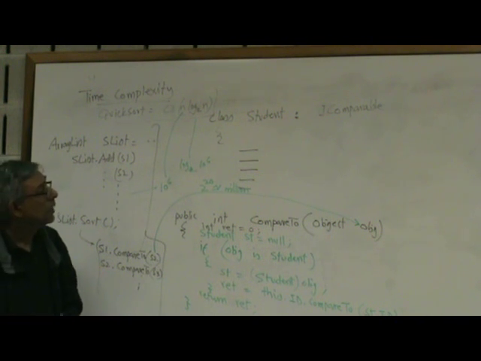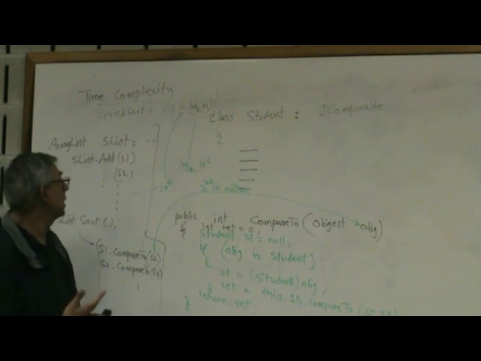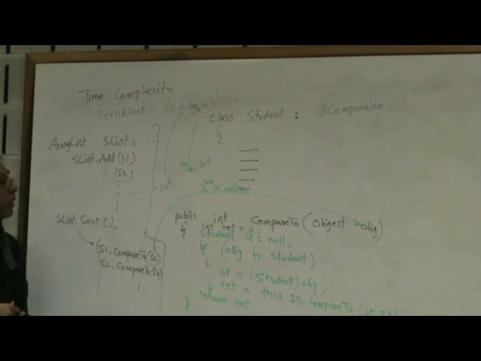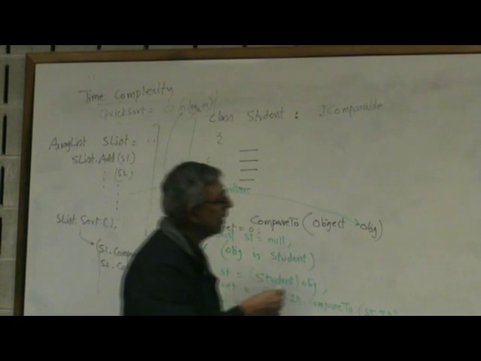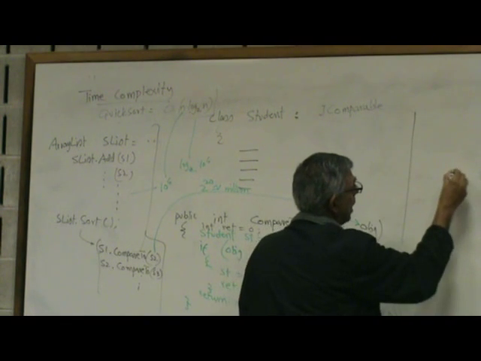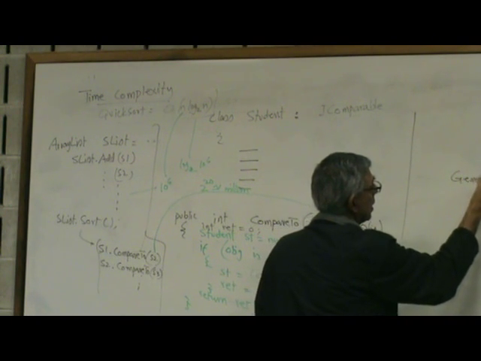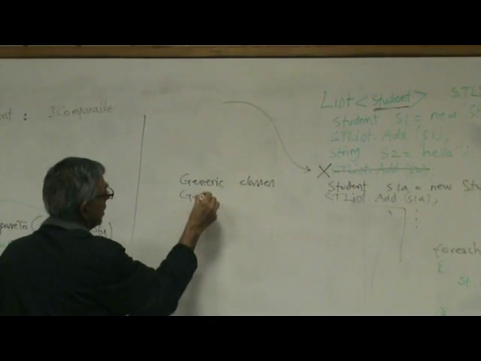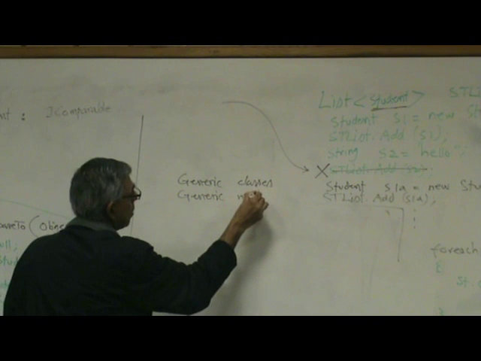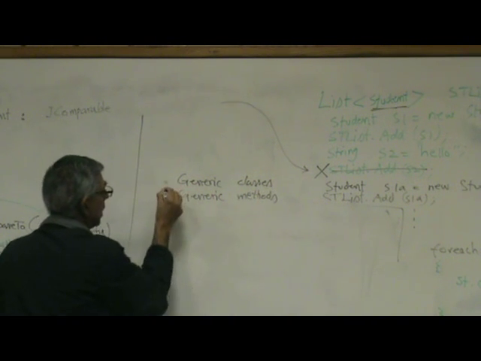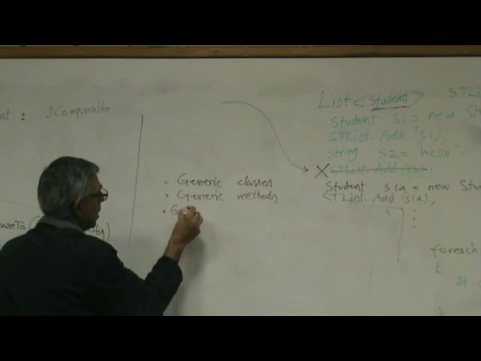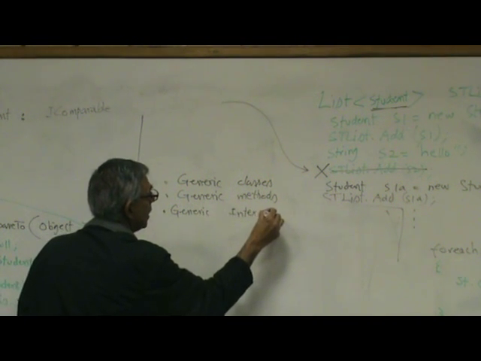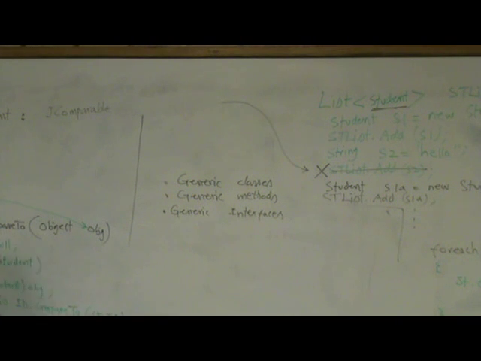As opposed to, what if we use a list instead of an array list as an example? Just like we have generic classes, and we have generic methods, we also have generic interfaces to make our life easy, make it more efficient, right?